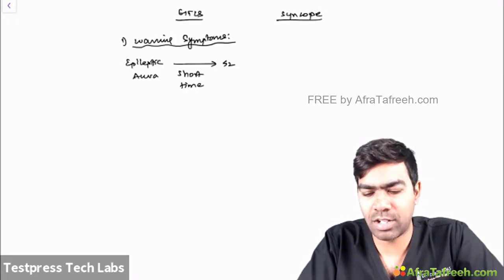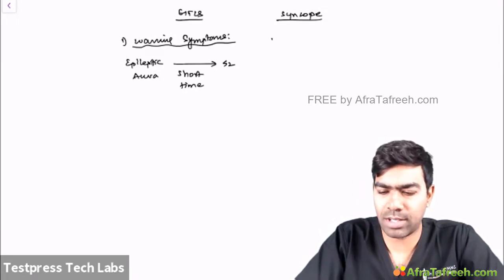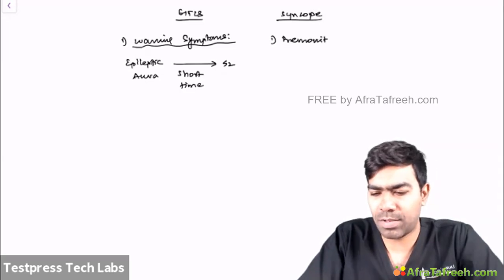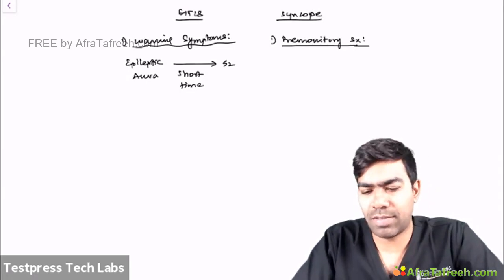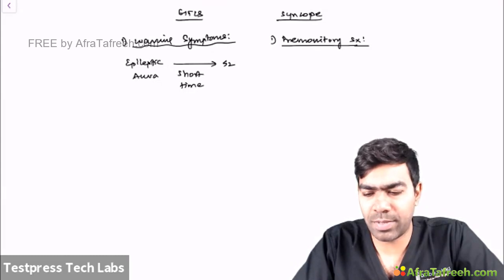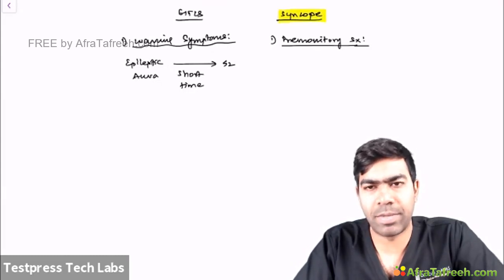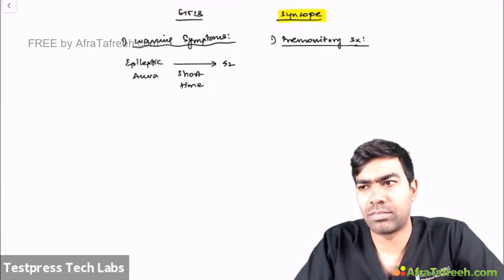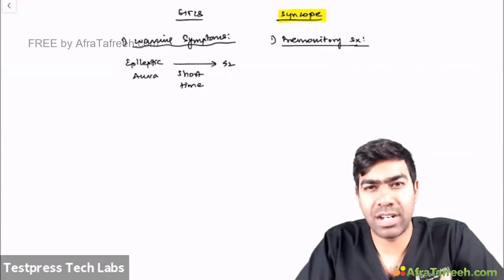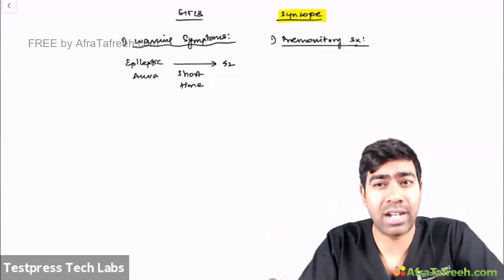But on the other hand, syncope also will have some premonitory signs and symptoms. Here we do not call it a warning, maybe you can call it premonitory symptoms and signs. Many of you would have experienced vasovagal syncope, isn't it? In that setting, everyone would have got lightheadedness and a feeling of nausea, severe sweating, diaphoresis.